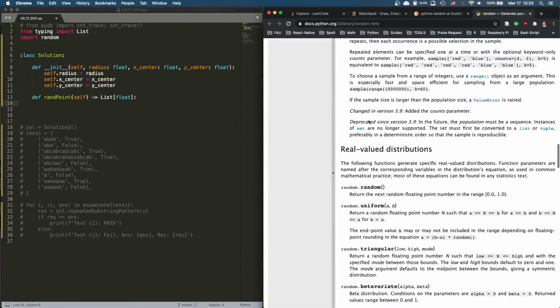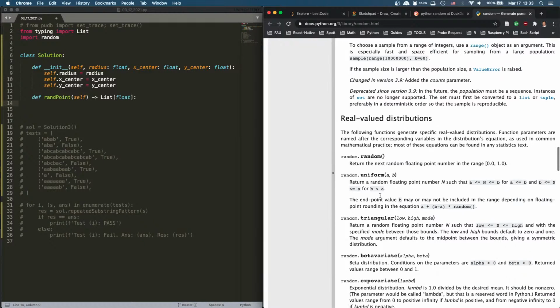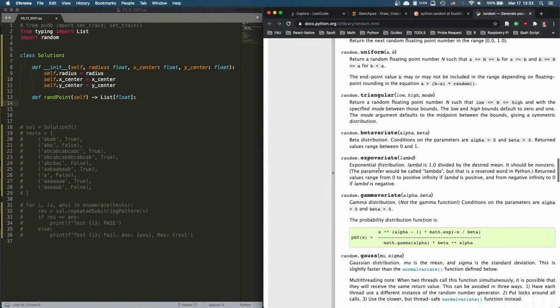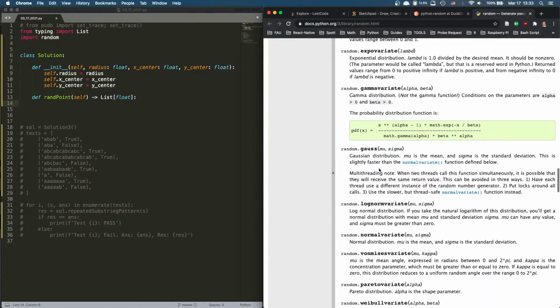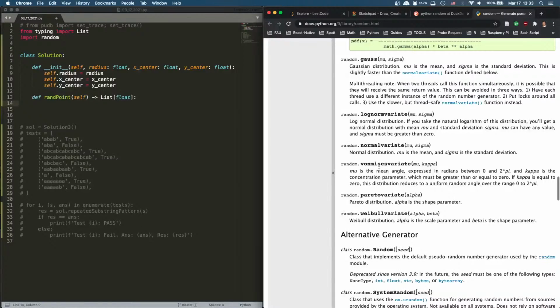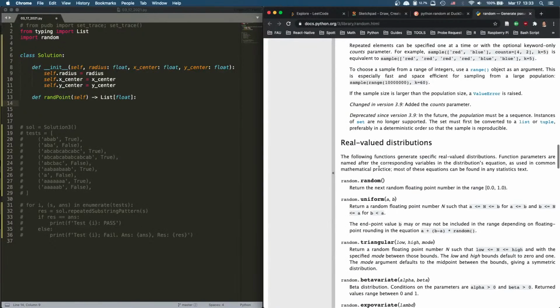Sample, no. Real-valued distributions. Okay, so this is a real-valued distribution. Oh, they have uniform. Oh, we have more, I see a Gaussian. Uniform will be sufficient. So we just do uniform. Uniform returns a random floating point number N such that a <= N <= b for a <= b, and b <= N <= a for b < a.